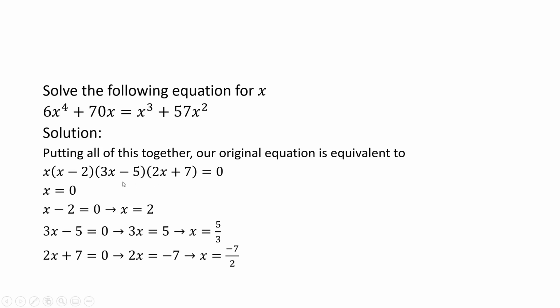Now, since all those factors multiplied equals 0, that means one of the factors might equal 0. Well, x could be 0, or if x minus 2 is 0, x is 2, or if 3x minus 5 is 0, x is 5/3, or if 2x plus 7 is 0, x is negative 7 over 2. And we get our solution. X is equal to negative 7 over 2, or 0, or 5/3, or 2.